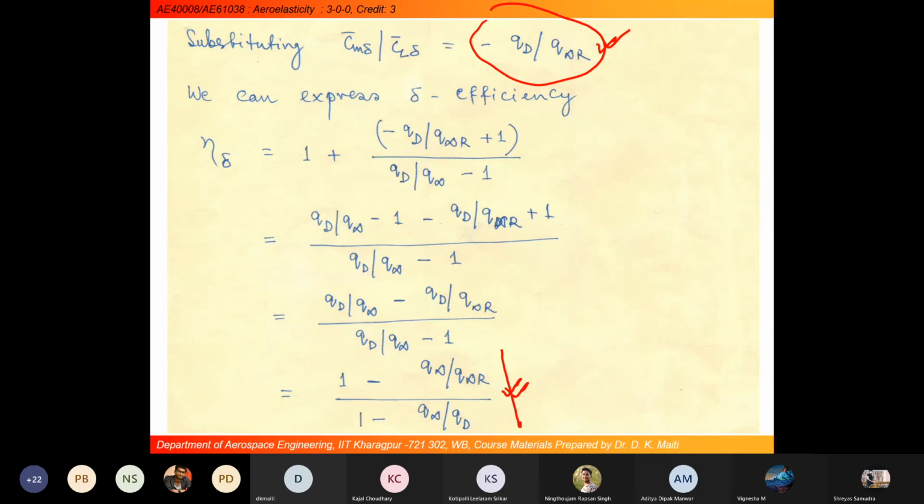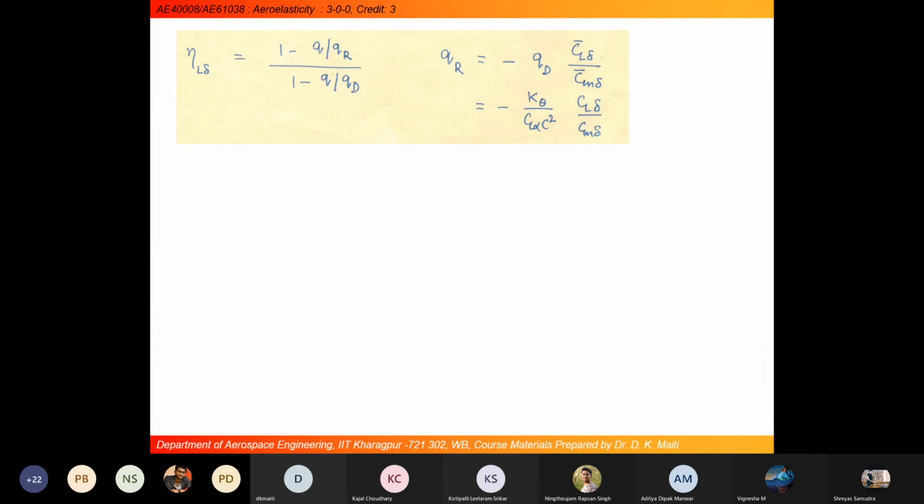This is the variation of efficiency with respect to the forward velocity. So if I plot it, whatever we have calculated now, eta delta is equal to 1 minus Q by Q reversal divided by 1 minus Q by Q divergence.